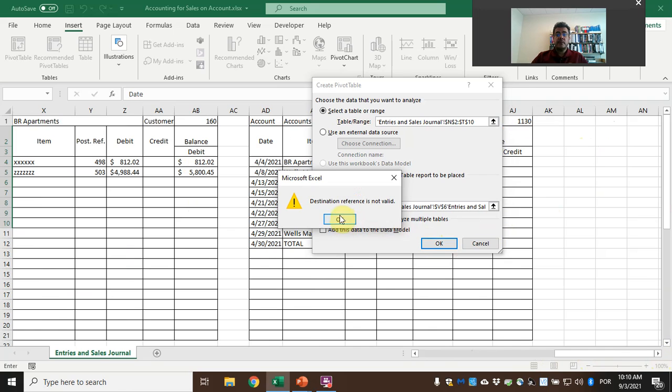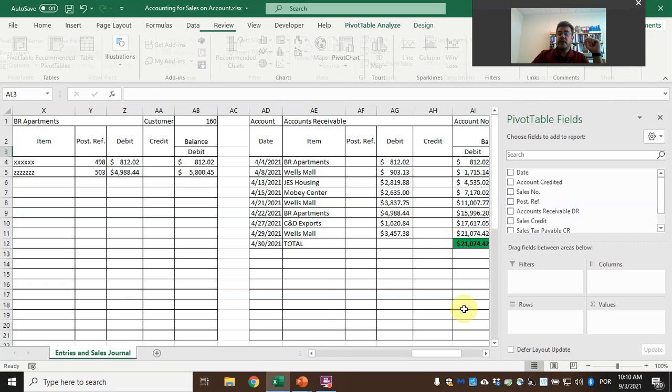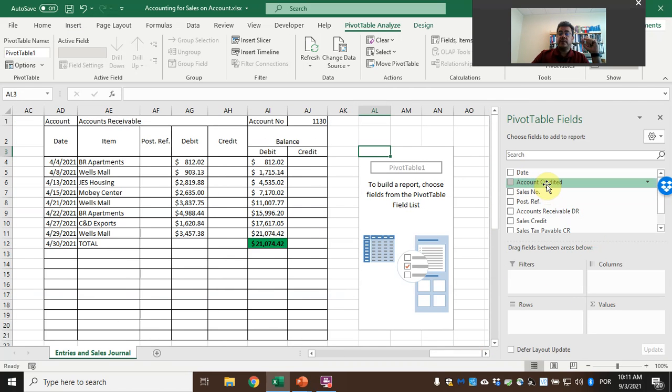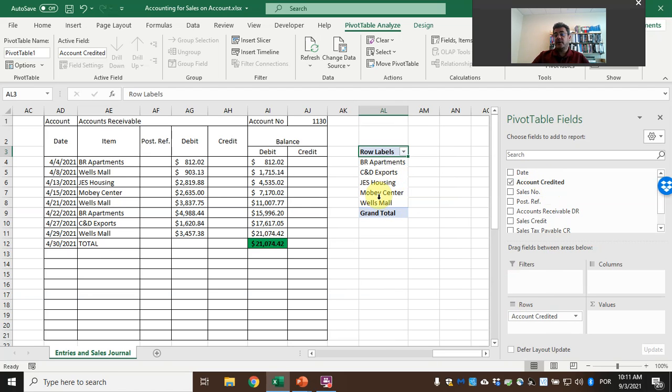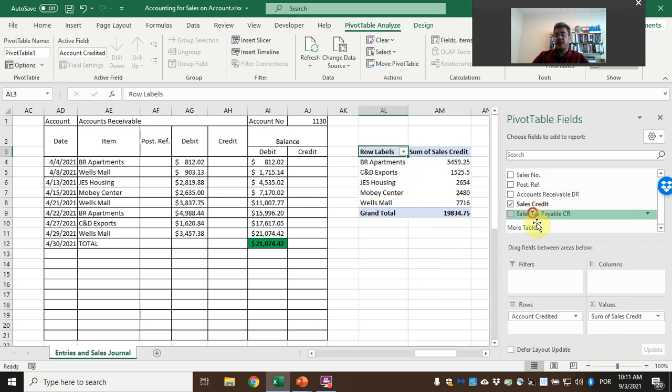Okay. Oops. Delete. Okay. Now we are good. So what do we want? We want the account credited on rows. That is our customers. And then, how much are our sales? Values here, sum of sales. Our tax payable.